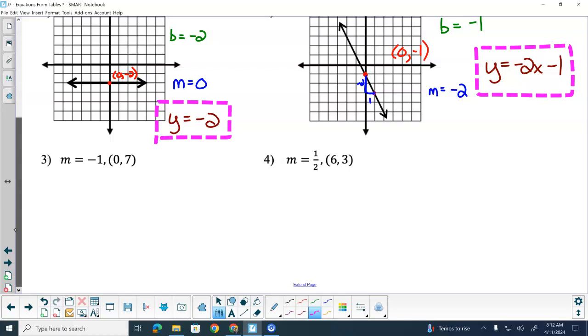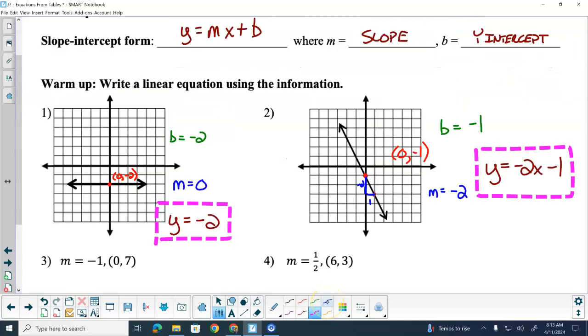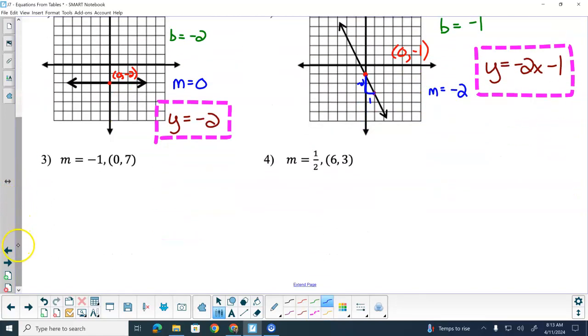Okay. We have an M, right? What can you tell me about 0, 7? What's the y? 7 is the y. And what's the x then? 0. So we're going to utilize that y equals mx plus b again.